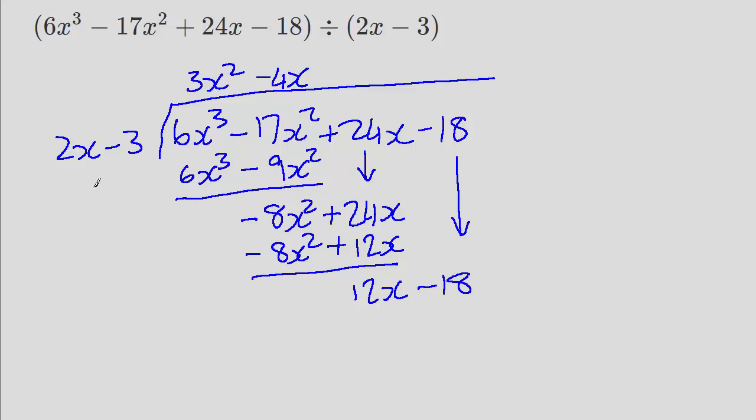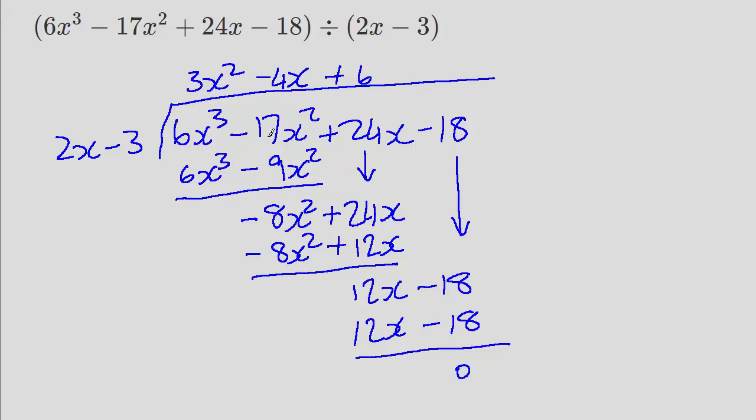So that's minus 18. So what do we do to 2x to make it 12x? We multiply by plus 6. So that gives us 12x plus 6 times minus 3 is minus 18. They're the same, so if I subtract one from the other, I get 0.